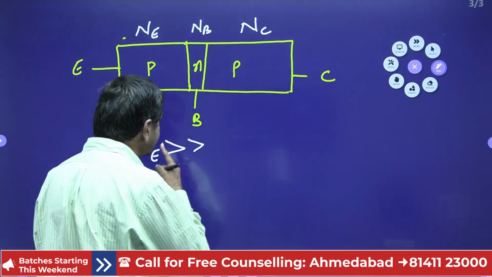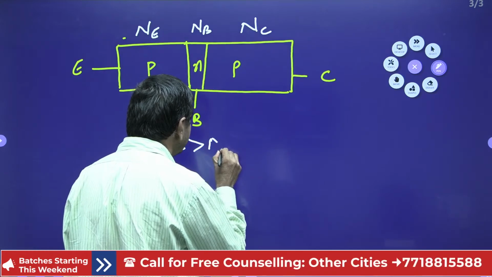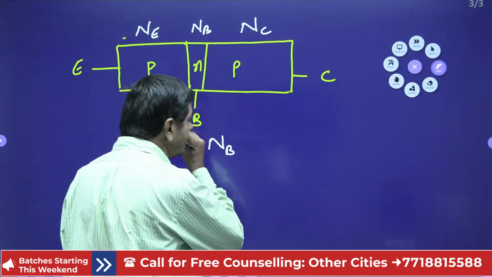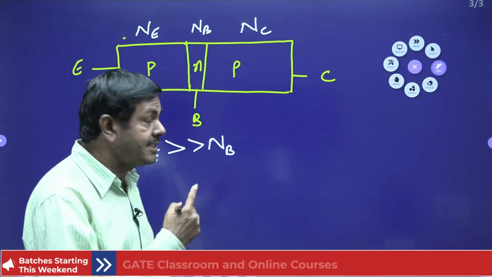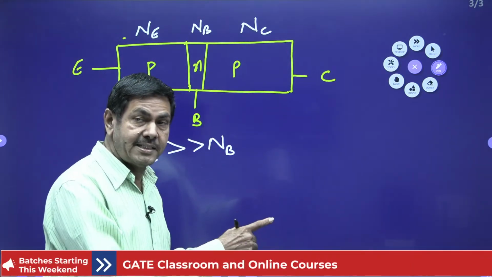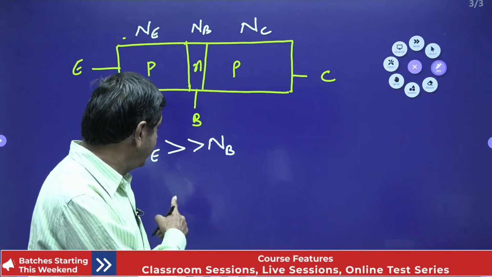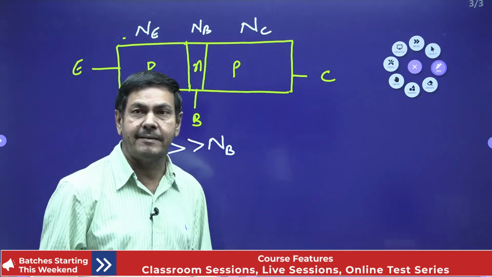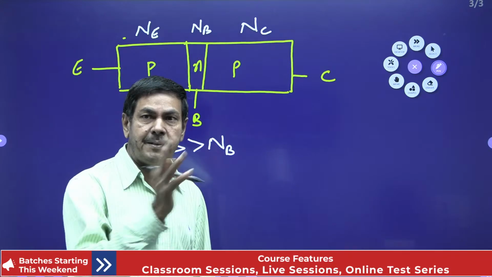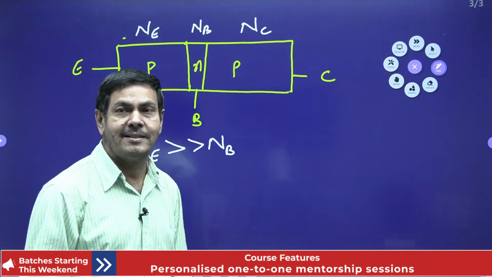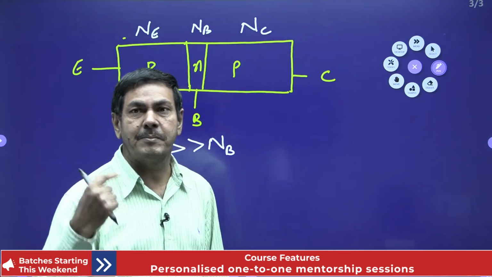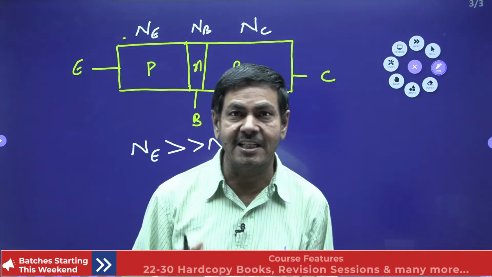So Ne is far more greater than Nb. But many students will think, sir, it is not correct, Ne is far more greater than Nb and Nc only. No. Generally students will think the concentration in the collector must be maintained more as compared to the base.